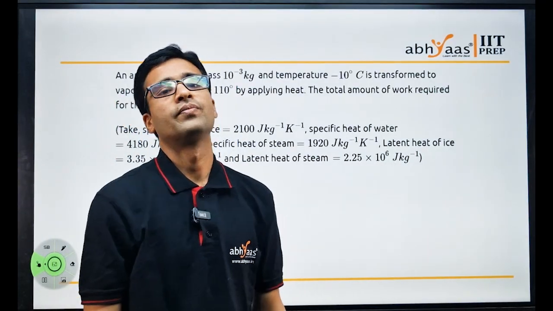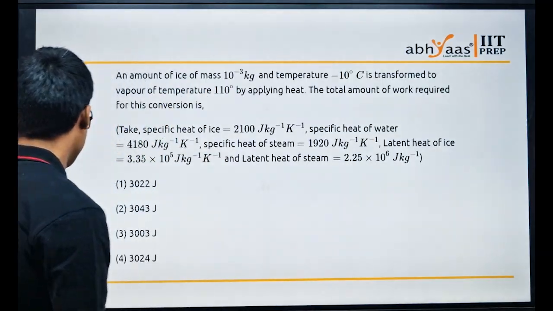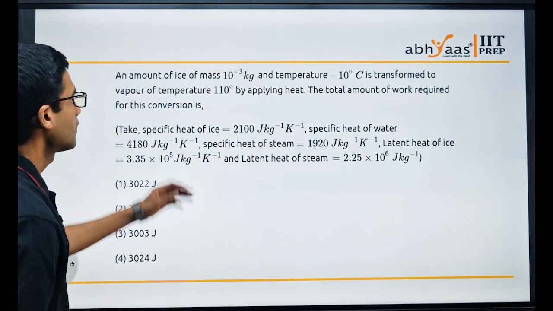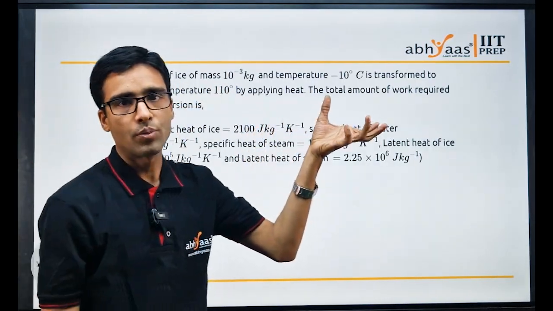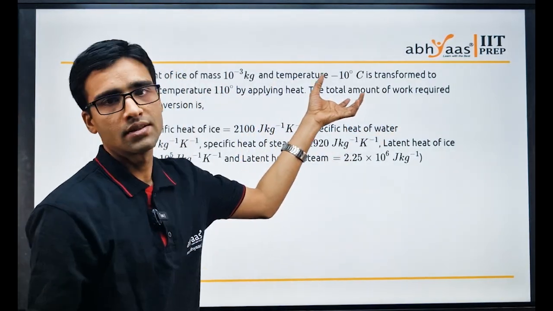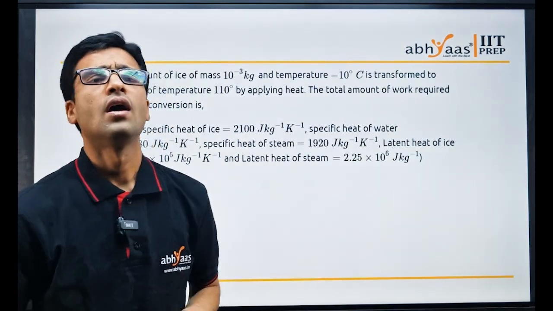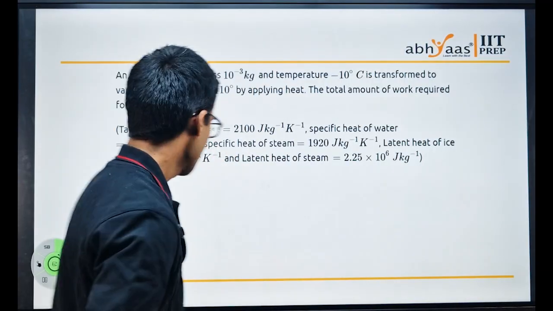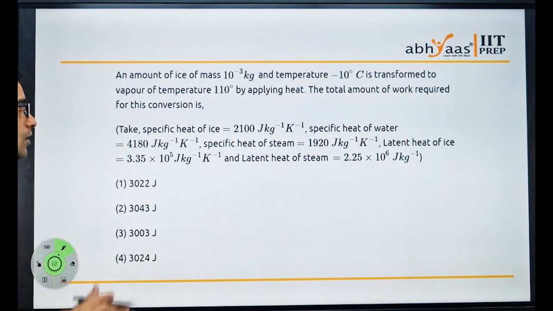Another question we are trying to see here. This is also related to thermal properties of matter, so the calorimetry concept is there. Here ice has mass 10 power minus 3 kg and temperature minus 10 degrees centigrade. It is converted from the ice state to the vapor state. He is asking what is the total amount of work required for converting.